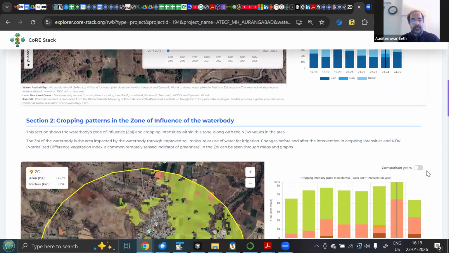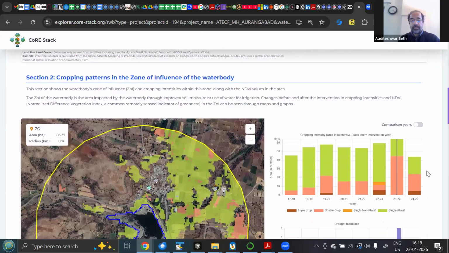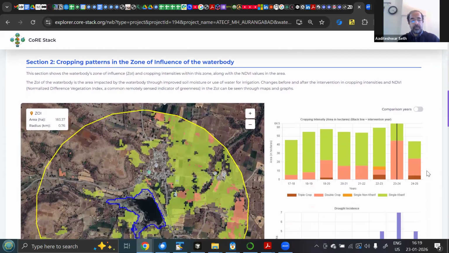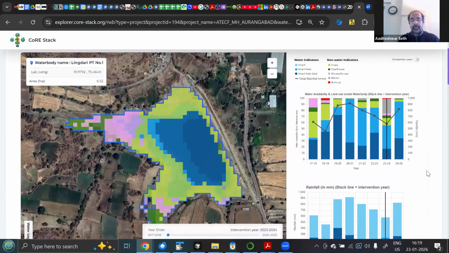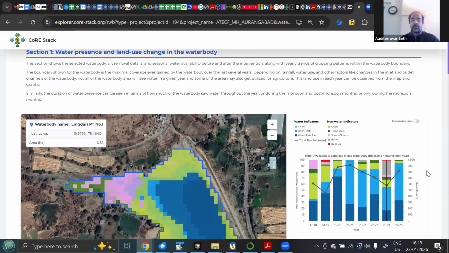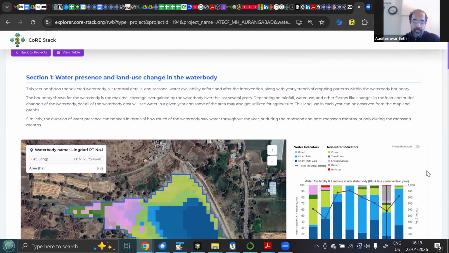So it will be nice to see if you'd be interested in taking this up, and we can do this analysis to see overall how much impact has been created as a result of these interventions. Can we also predict the impact?